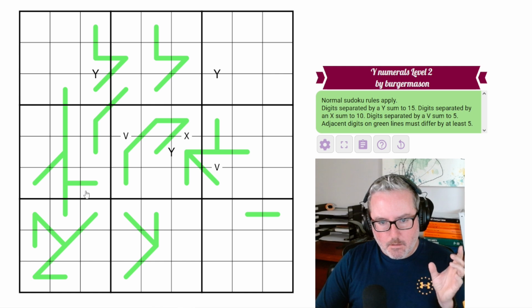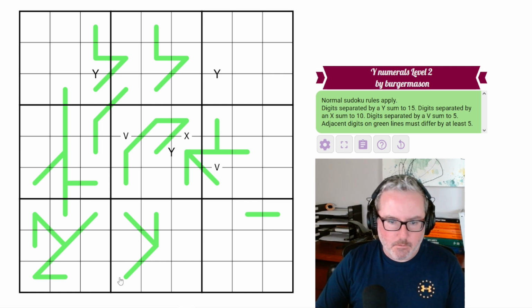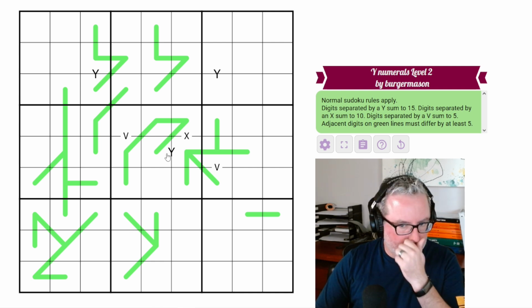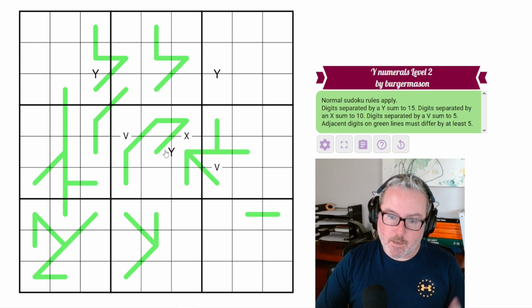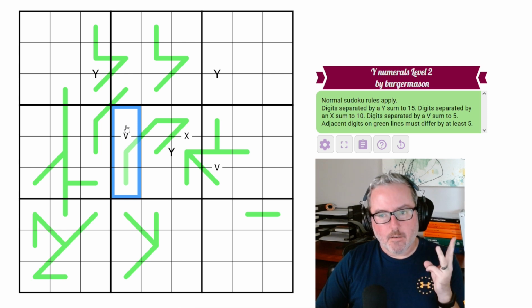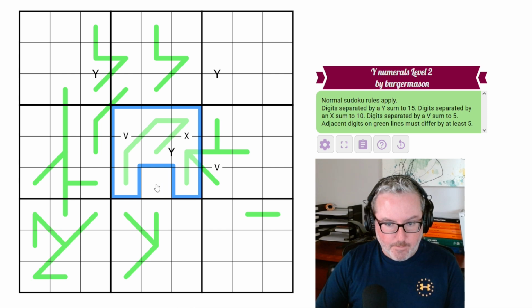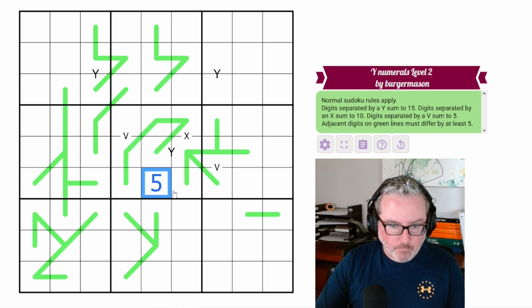The other thing to think about in this puzzle is that we have a lot of German whispers, and we have a lot of our X, V, and Y clues. So we're going to have the ability to think about where 5s go, because 5s can never go on a German whisper, can never go on a V, can never go on an X, and now can never go on a Y. So none of these can be 5, so this is 5.